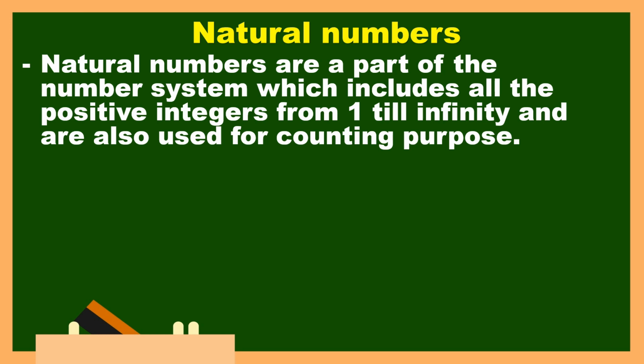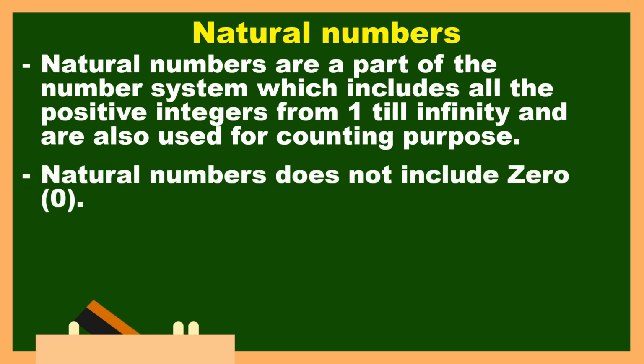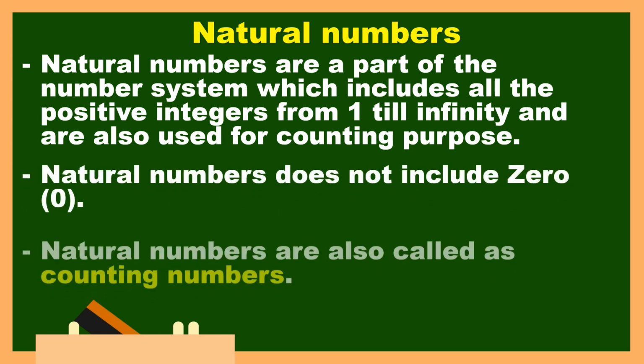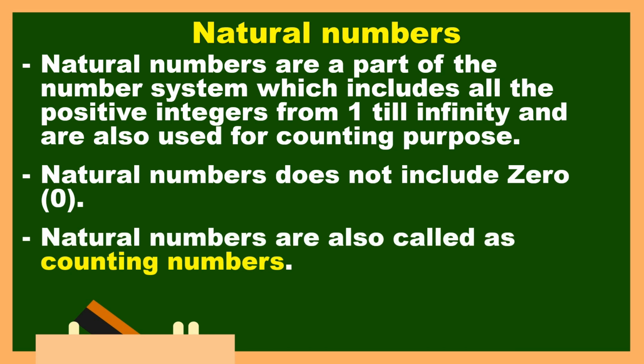Ang natural numbers po ay parte siya ng ating number system kung saan kabilang dito ang lahat ng positive integers simula kay 1 at ito ay ginagamit sa pagbibilang. Natural numbers does not include 0. Bakit kaya? Because natural numbers are also called as counting numbers.